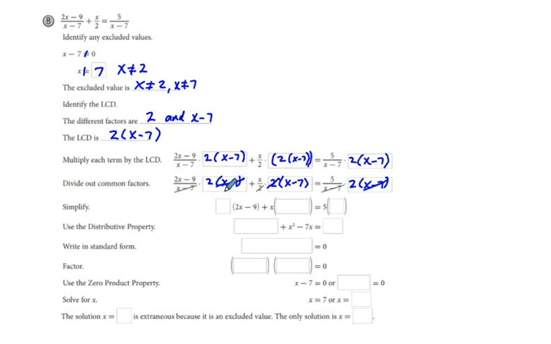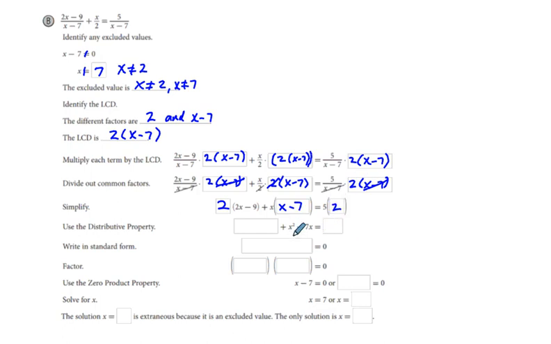So what we have left is, simplify. We have 2 for this first one. We have 2 left over. And then for this x, we have x times quantity x minus 7. And we have 5 on the right times 2.